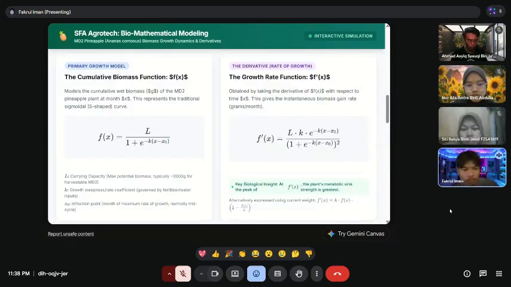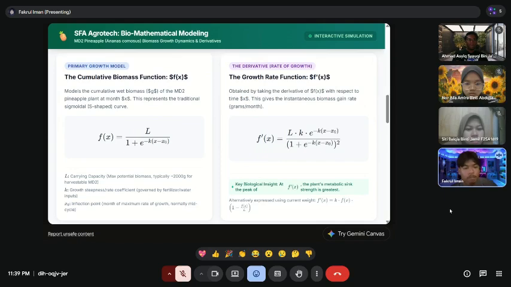The logistic curve graph moves upward in an S shape, paired with its first derivative curve, a bell curve peaking in the middle, equations side by side: f(x) biomass versus f'(x) growth rate. The math is, we use a logistic growth function, f(x), which tracks cumulative biomass up to a target harvest weight of 2000 grams.